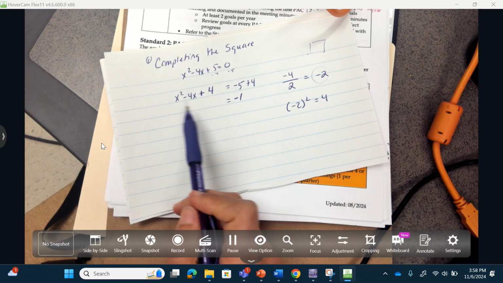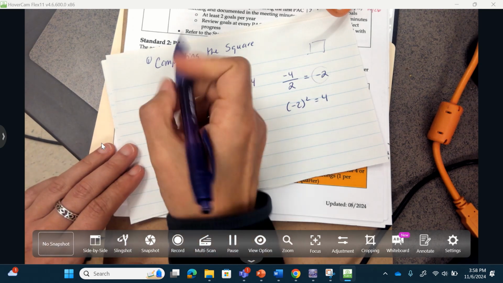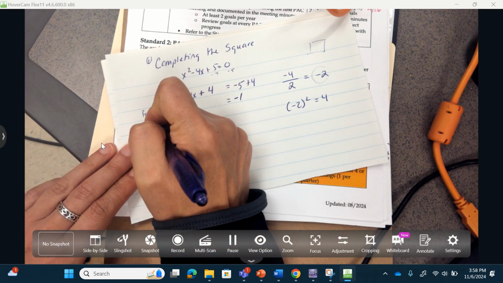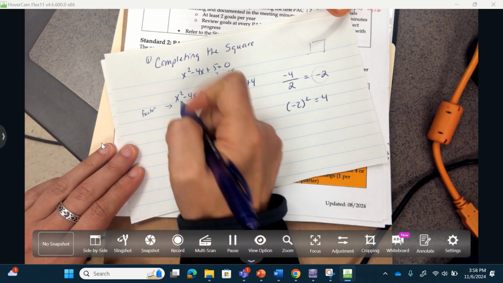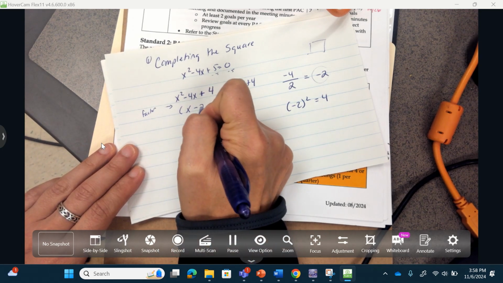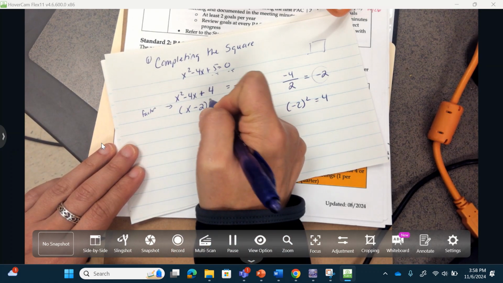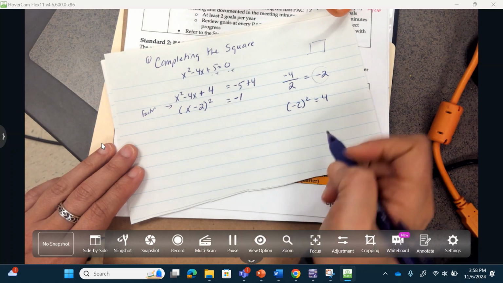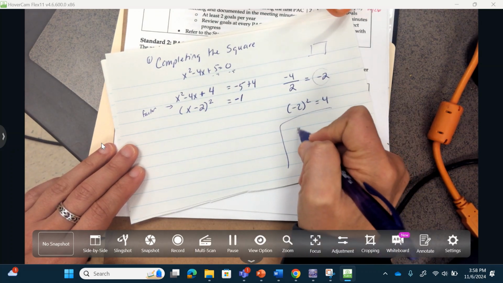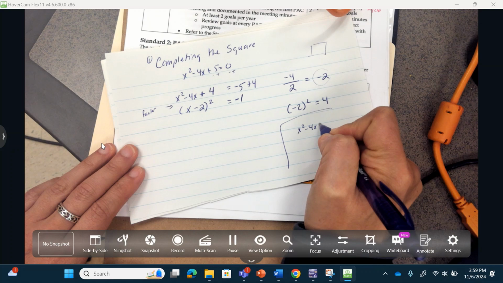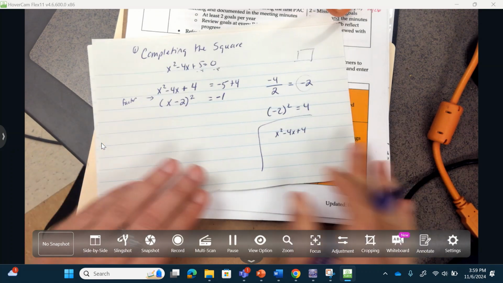Now, here's where the completing the square comes in. Here, we would factor this. And this will factor into x minus 2 times x minus 2. Okay, I'll do a little bit of scratch work down here for that. So we have x squared minus 4x plus 4.